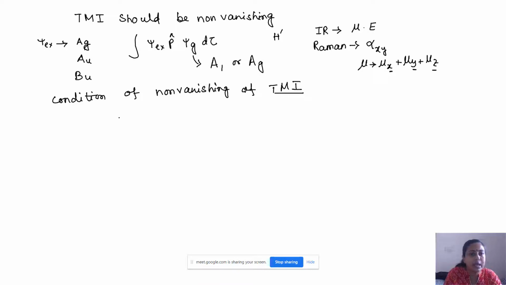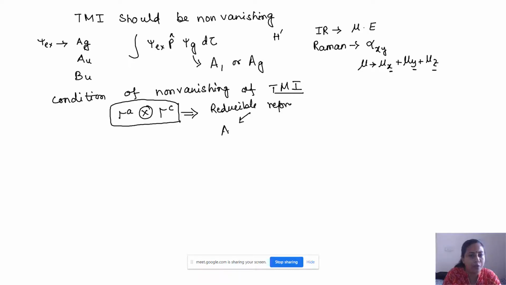So we can say that tau A and tau C, the way that they are transforming, if they are forming a reducible representation, then they should contain A1 or Ag if the molecule has a center of symmetry.